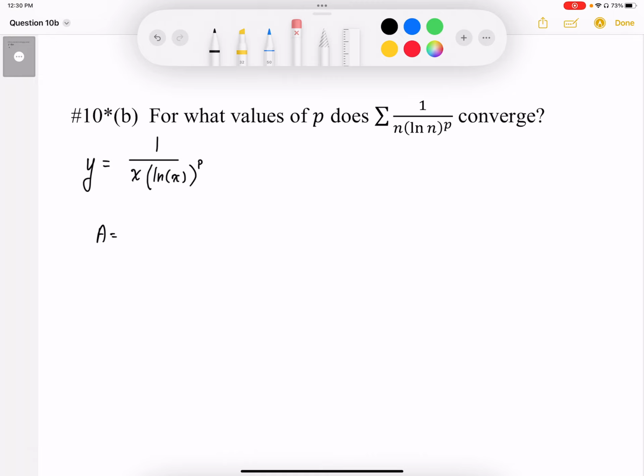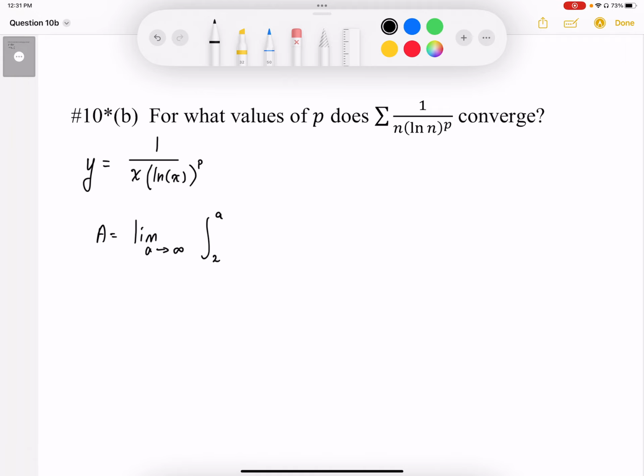Since it is to infinity, I need to use a limit: the limit as a approaches infinity from some starting point 2. I could choose any starting point because we're just seeing if we have a finite sum or not. If it has a finite sum from 2 to infinity, then it must have a finite sum from any other arbitrary starting point to infinity.